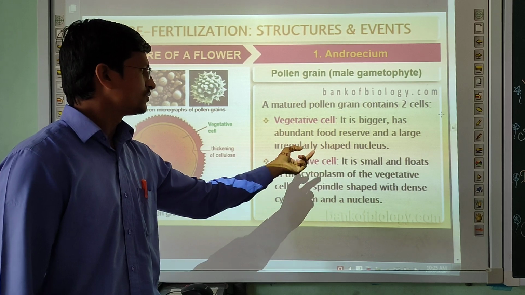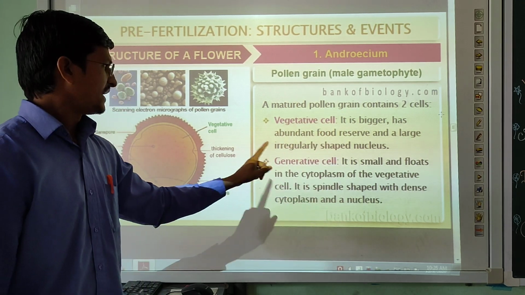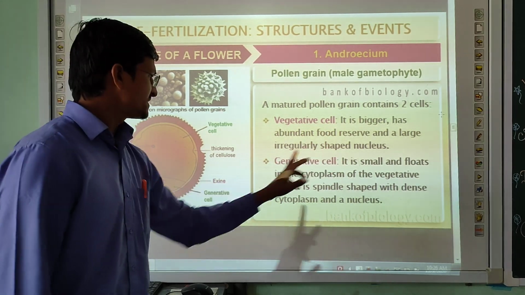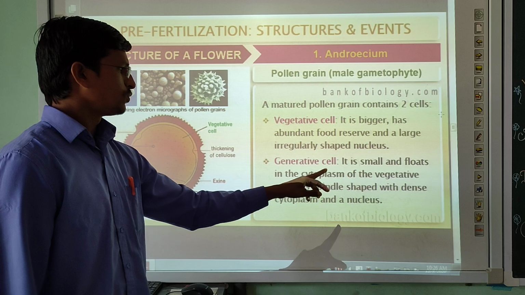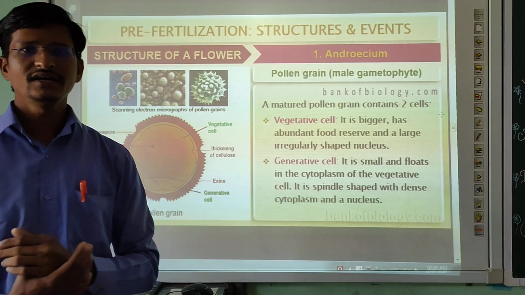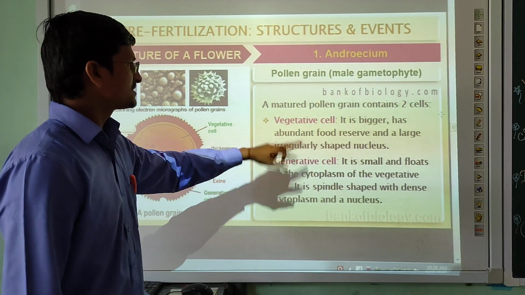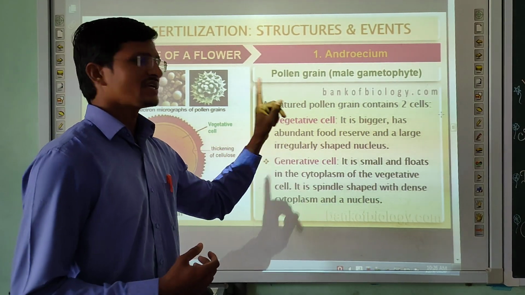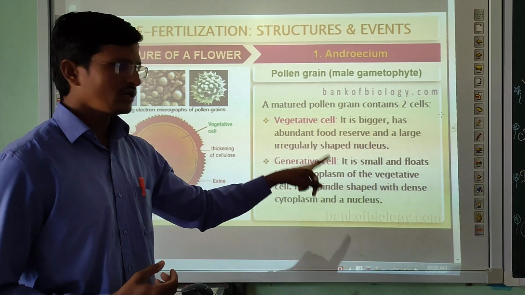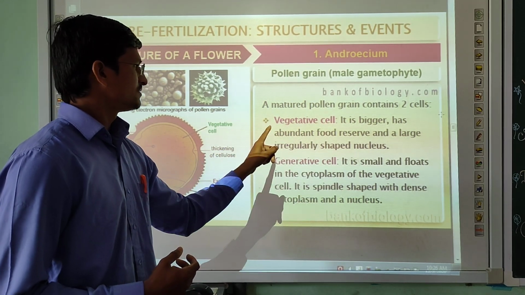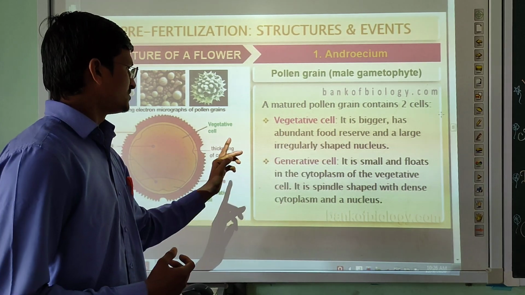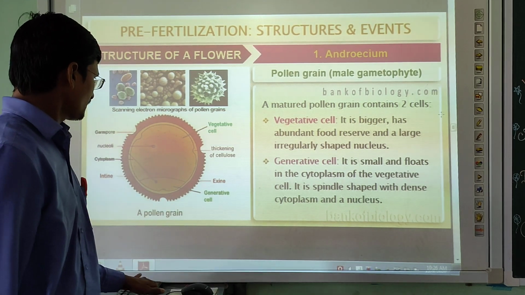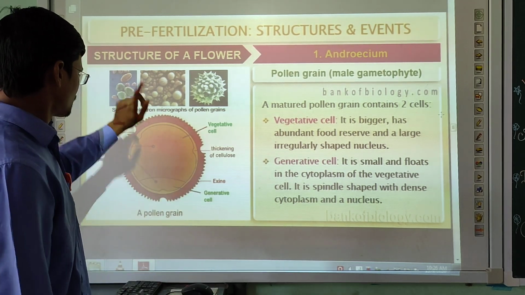The generative cell is small and floats in the cytoplasm of the vegetative cell. It is spindle shaped with dense cytoplasm and a nucleus. So vegetative cells are bigger with an irregular nucleus, and generative cells are smaller with a regular nucleus and dense cytoplasm. You can see that in the structure also.